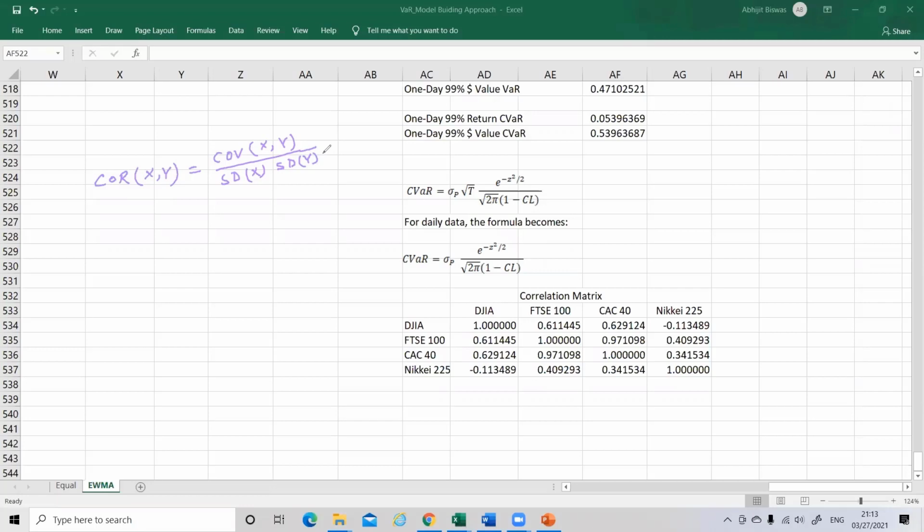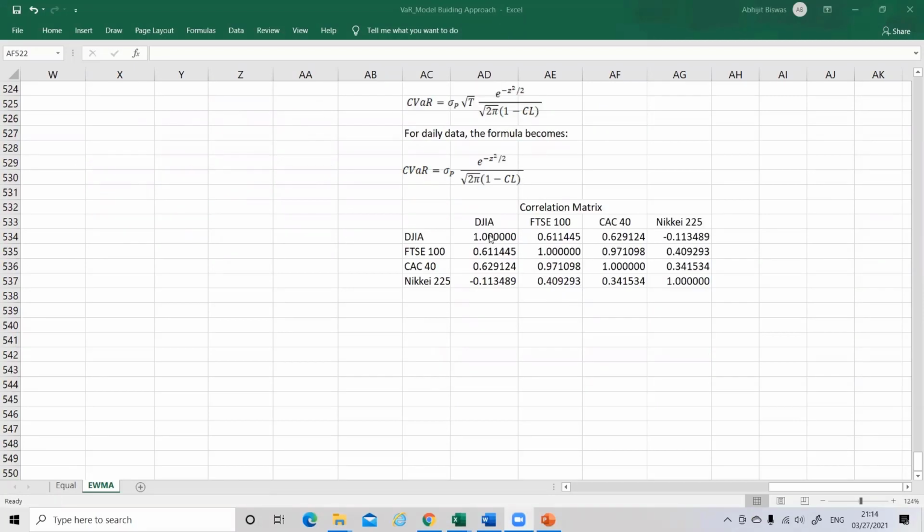Okay, so I know the covariance. I also know the standard deviation. I know the covariance between x and y, and the standard deviation of x and of y. So easily, from the covariance matrix, I can convert that into a correlation matrix. Yes or no? Can't we do that?